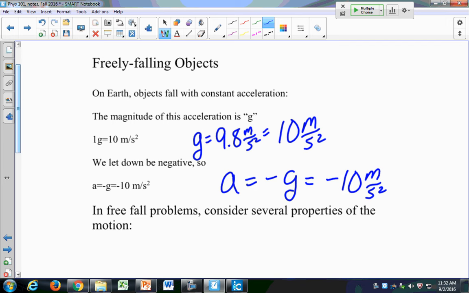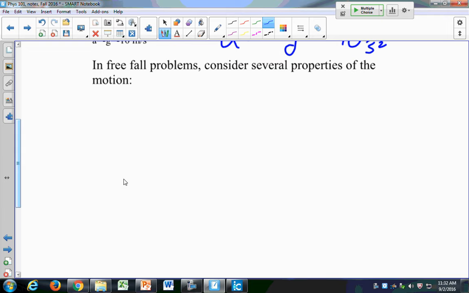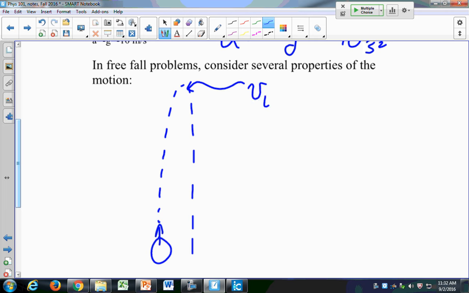All right. And so in freefall problems, we want to consider several properties of the motion. Let's imagine that I have an object that I throw up, and then it goes up, and then it comes back down. So a couple of things I just want to point out about this. First of all, at the top of the trajectory, v top is equal to 0.